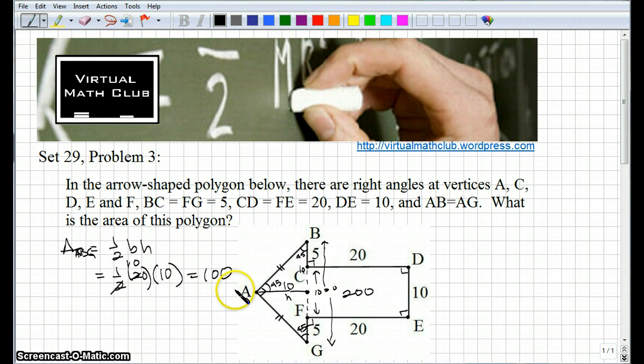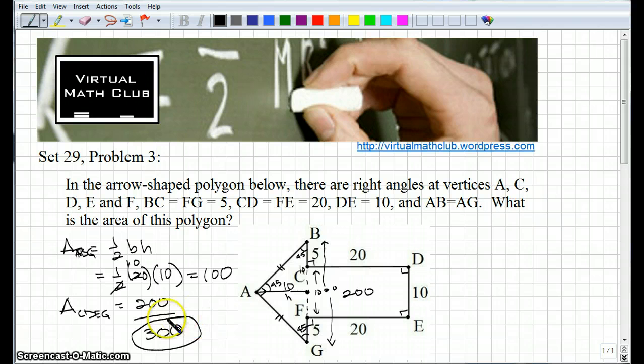So we have the area of the triangle plus the area of the rectangle, which is CDEG, and we knew that was 200, just 20 times 10. And if we add those together, we get 300.